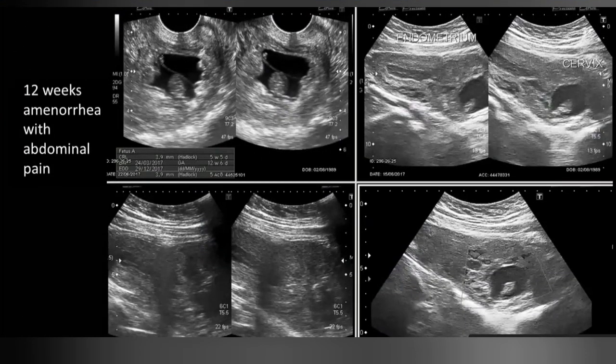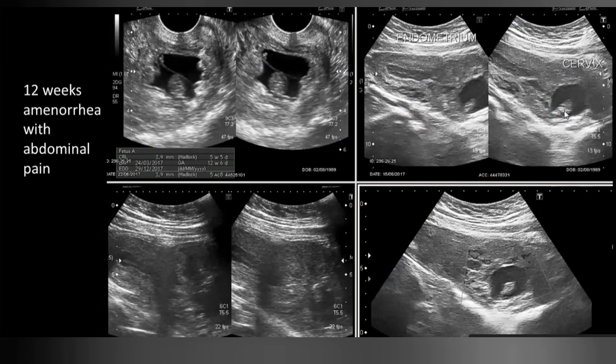12 weeks amenorrhea with abdominal pain. So images taken from parabdominal as well as transvaginal examination. I will take you from the beginning: this is the uterus, some fluid within the endometrial cavity, and as we come down to the cervix, we see a gestational thick-walled sac-like structure here with the fetal pole inside.